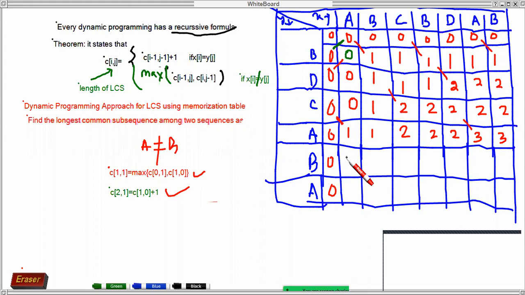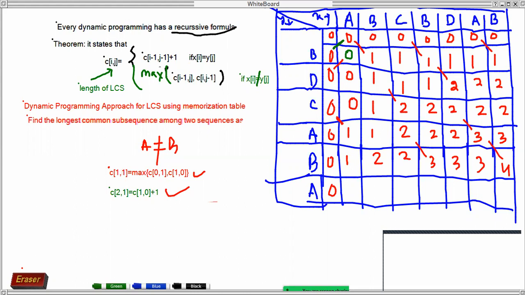Okay, then coming to B, how much is it? B and A, not matching. So it will be the maximum, 1. This will be 2, this is 2. Then what is B? It will be 3. Understand? Then it will be 3, then this will be 3. And again this will be B and B. How much? 4.